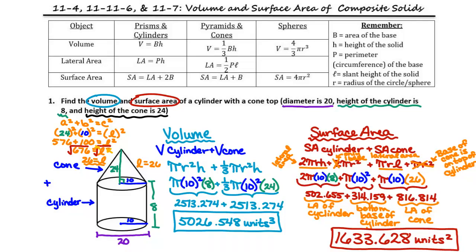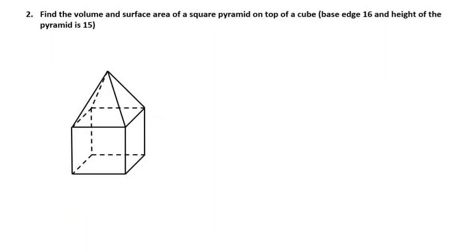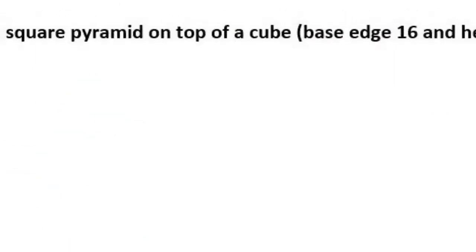All right, let's see if we can get to one more example today. The next object is made up of what two familiar solids? A cube, and a pyramid, yes. The cube is a prism.